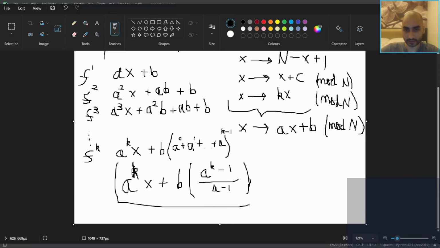The only catch is doing A to the power of K for a big value of K. You need modular exponentiation, but Python has that built in, so you don't have to write it yourself. I think in other languages you probably would. Okay, just write that down: A to the K X plus B times A to the K minus 1 over A minus 1.